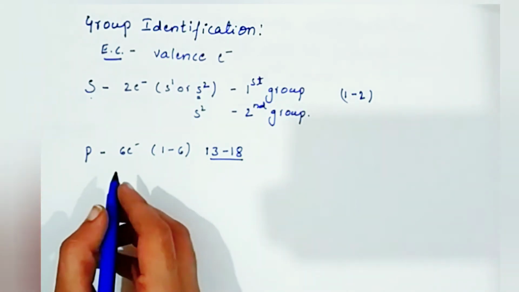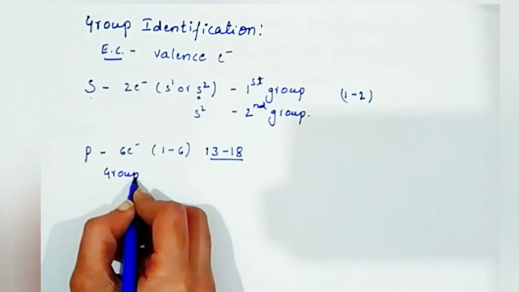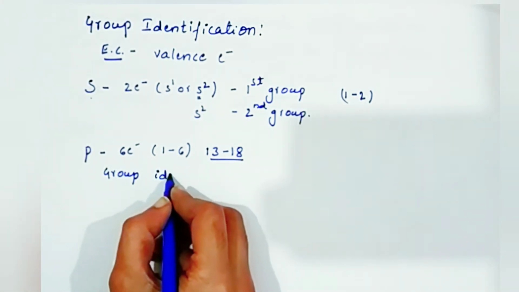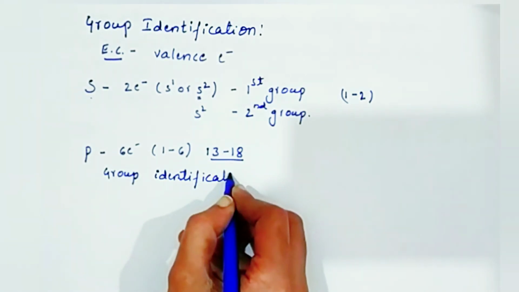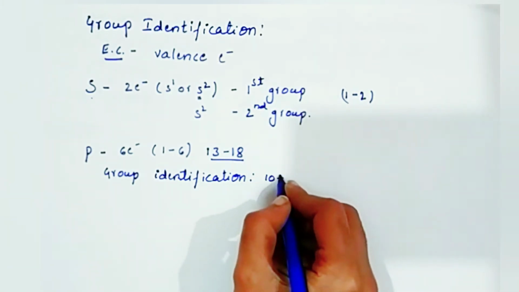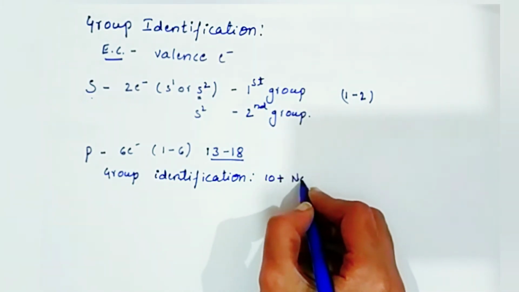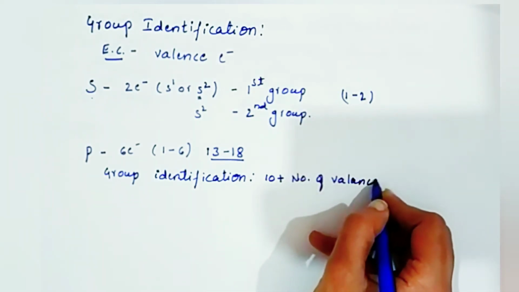If the valence electron enters into p orbital, how to find the group? Group number is 10 plus the number of valence electrons. This is the formula to find group number.